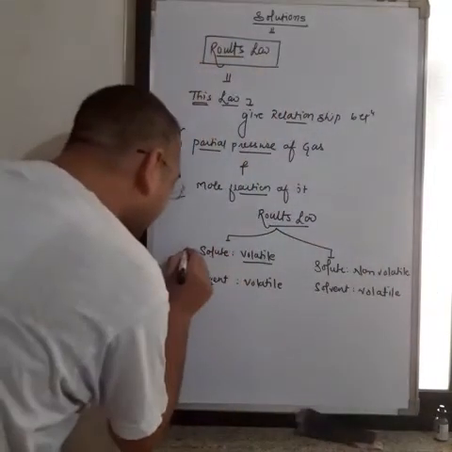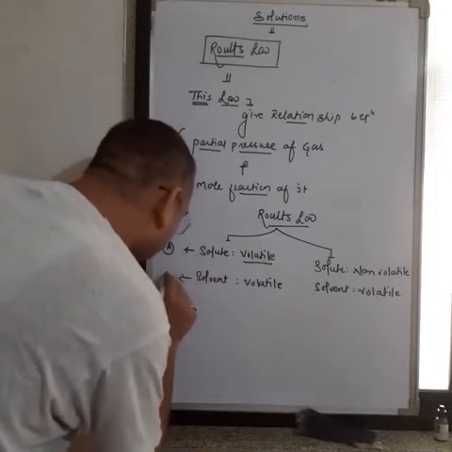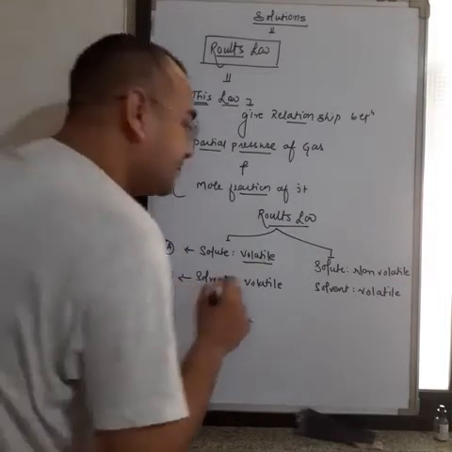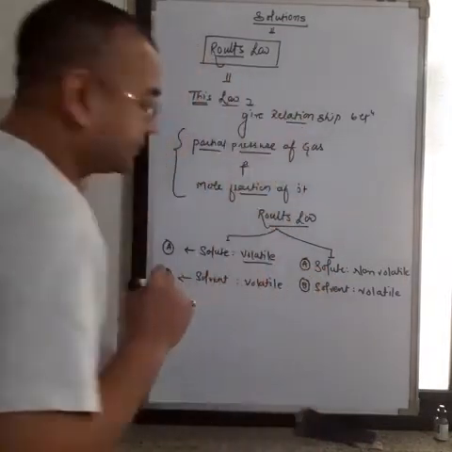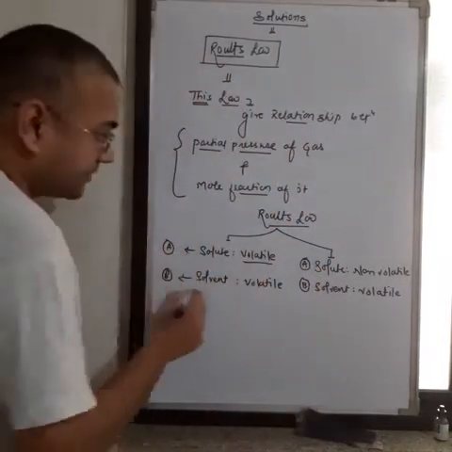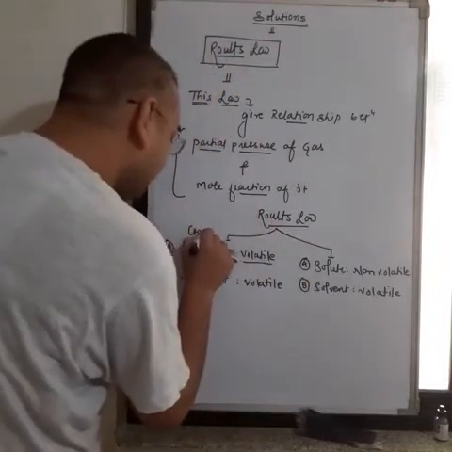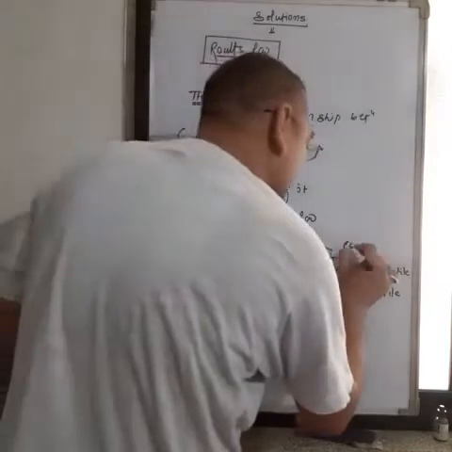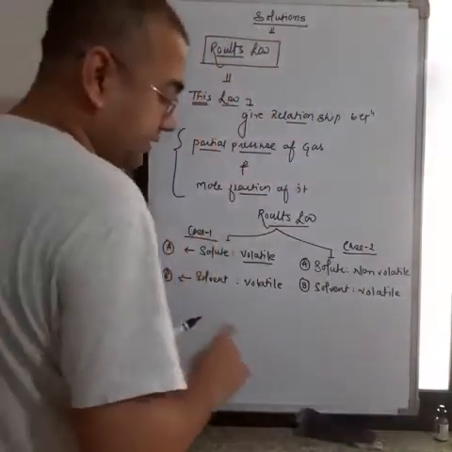If we denote the solute as A and the solvent as B, then here this is A and this is B. Now we have to discuss these two cases, case 1 and case 2. So let's start with case 1.